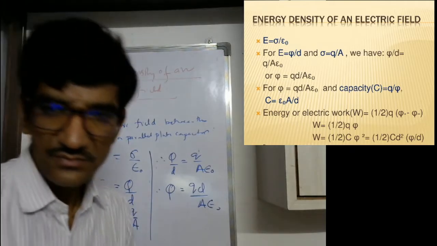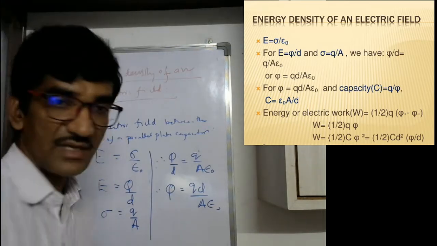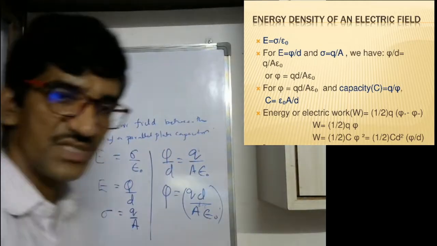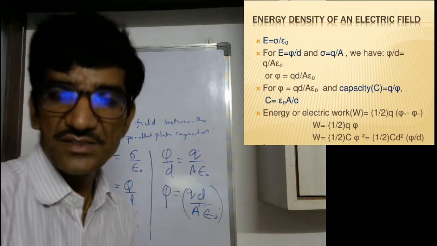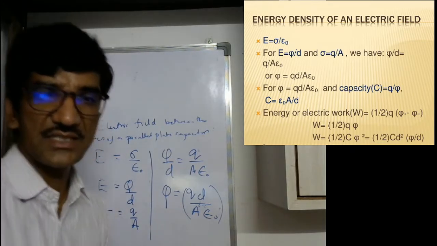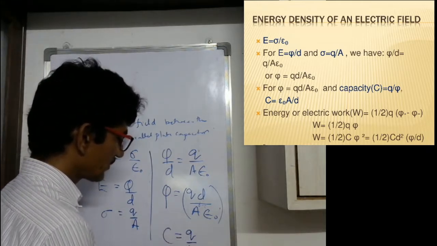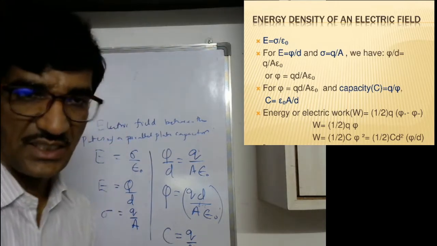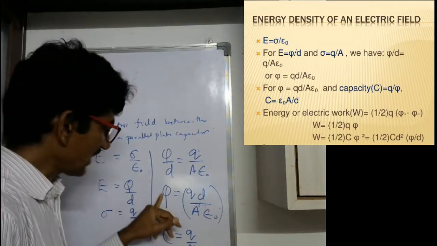Now we have to calculate the capacity of the capacitor. See the capacity definition: C is equal to Q by V, where V means potential. Here we are denoting this potential as phi. Therefore, C is equal to Q by phi. This is the definition: it is the ratio between charge and potential. Now we write this phi value here.